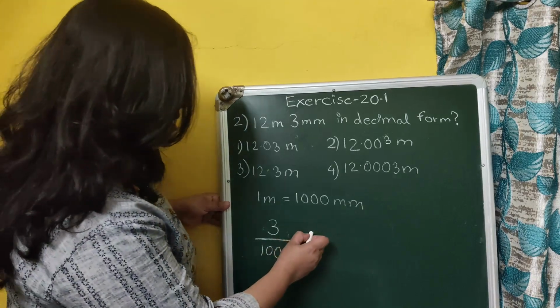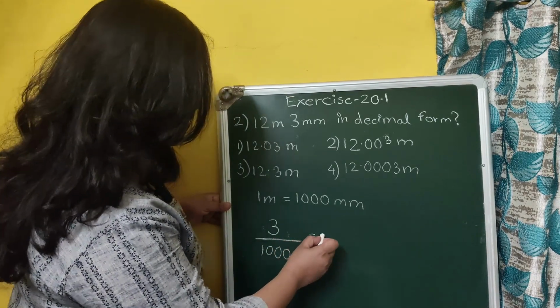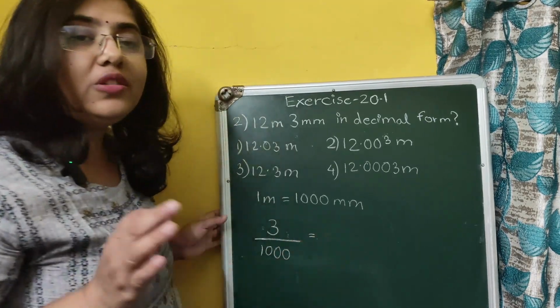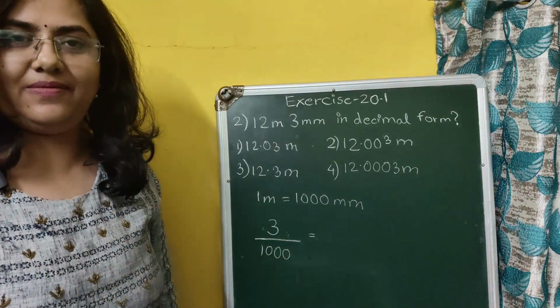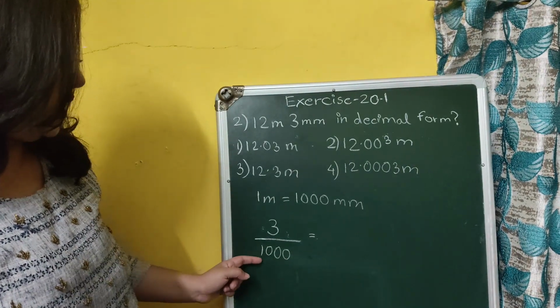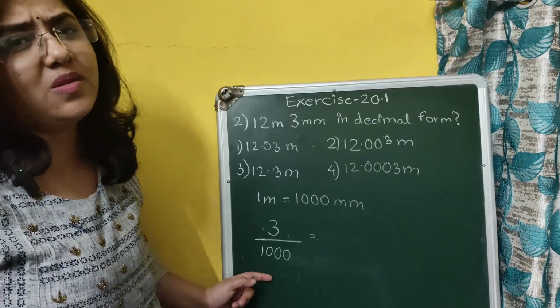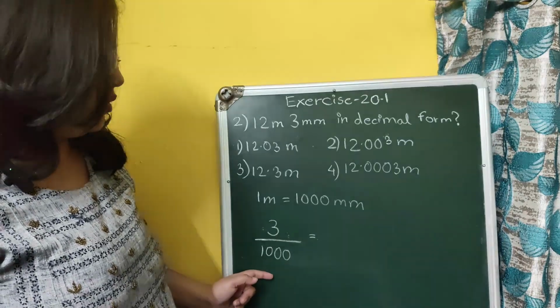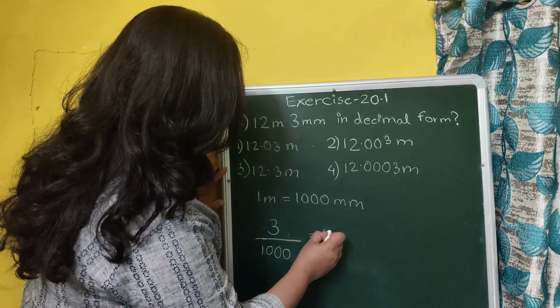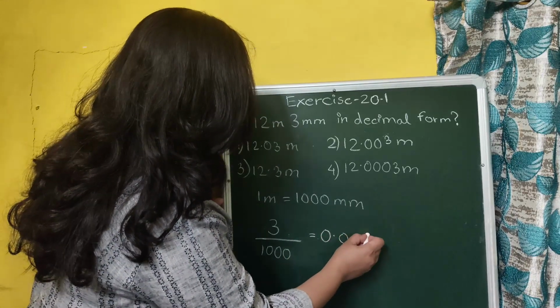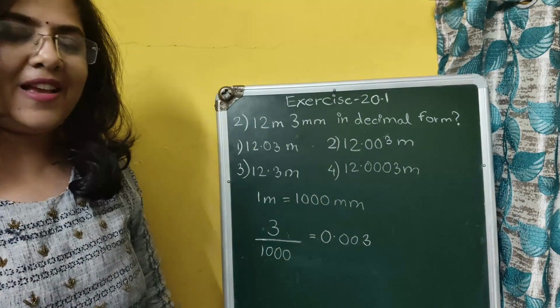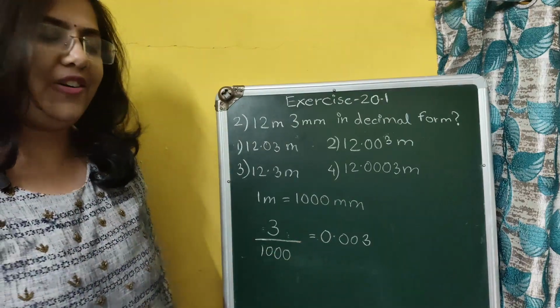What we are going to do is, before 3 we need to add 3 zeros. As 3 is much smaller than 1000, how we are going to do it? 0, 2 more zeros and 3. So this is it. Okay.